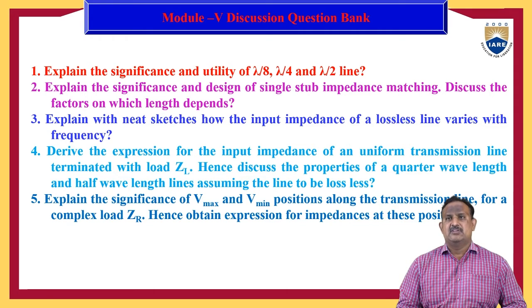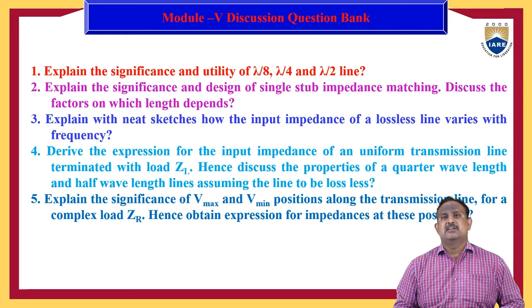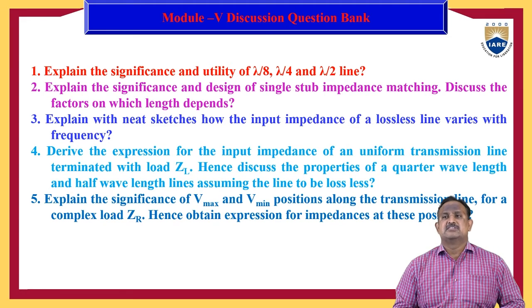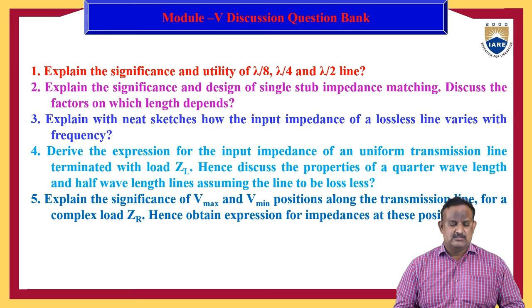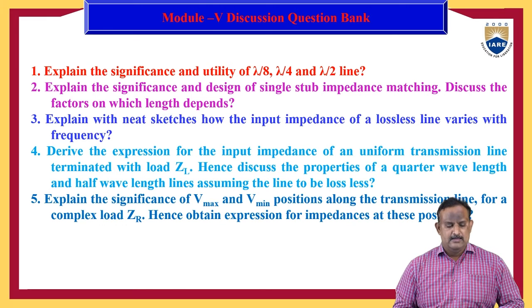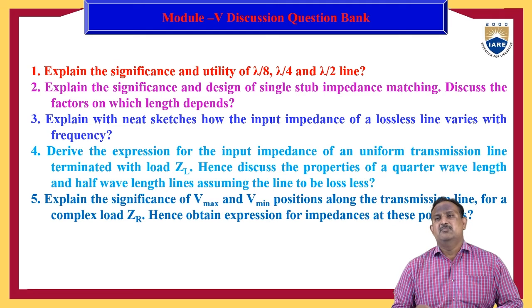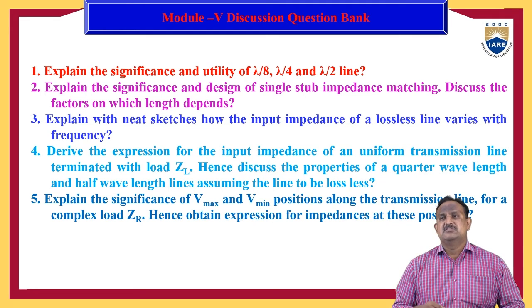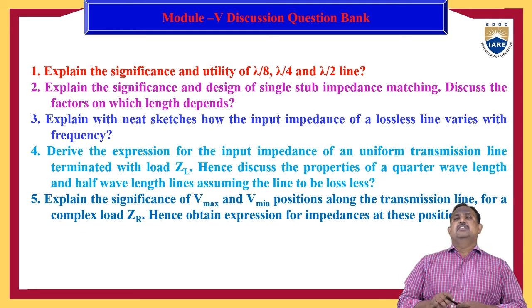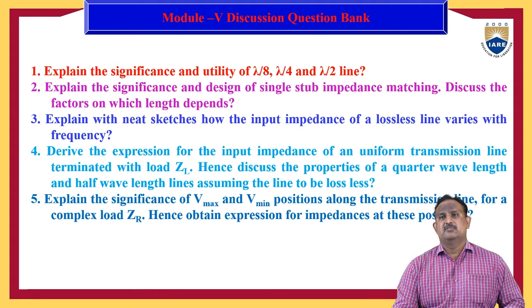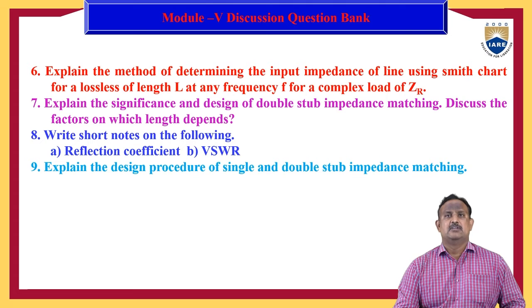Derive the expression for the input impedance of a uniform transmission line terminated with a load ZL. Discuss the properties of a quarter wavelength transmission line. Explain the significance of V maximum and V minimum positions in a Smith chart, and derive expressions for the impedances at these two positions.